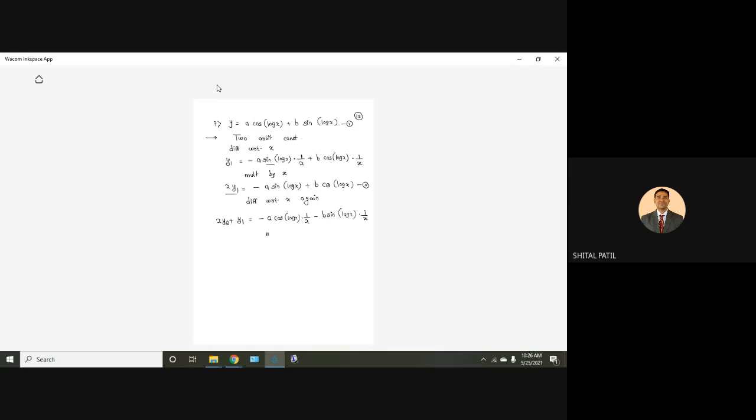So again multiply by x. Sir, x square. Absolutely. Take minus sign common.